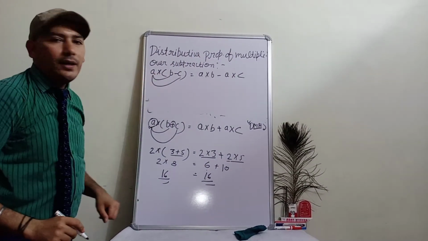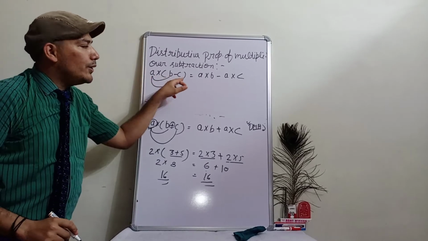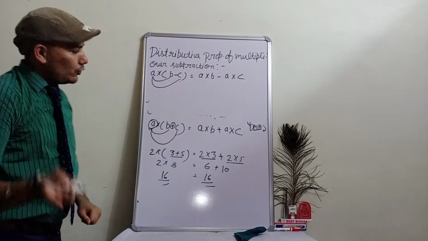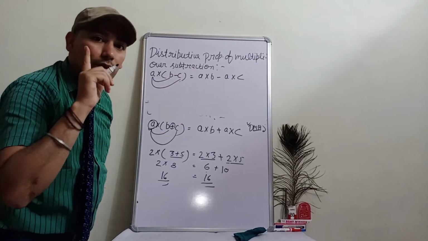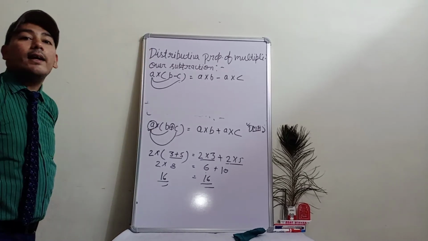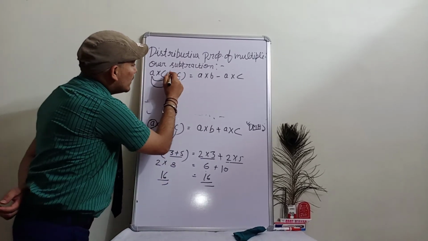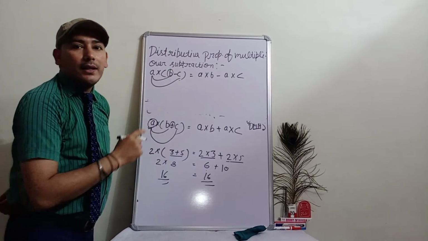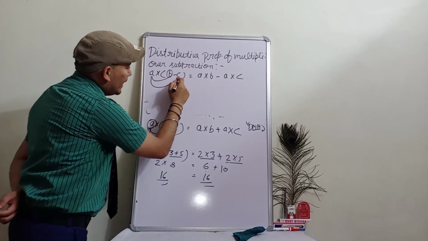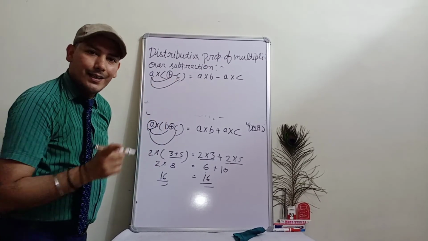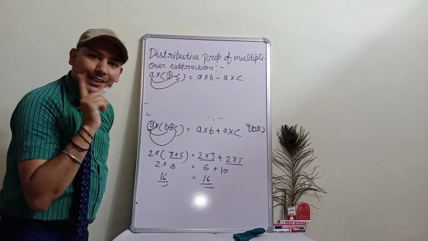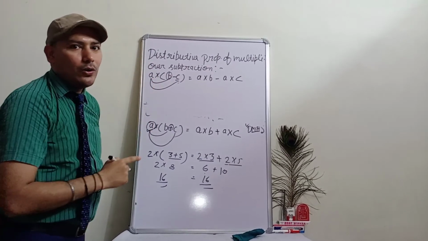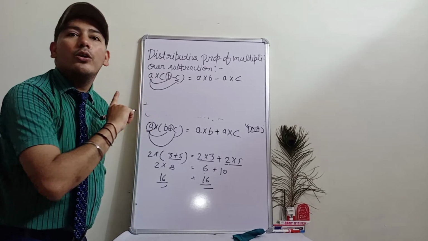But here we have to see one thing. What is that thing? The number which we have taken as B must be greater than C. Then this property will follow here. Otherwise this property will not follow.